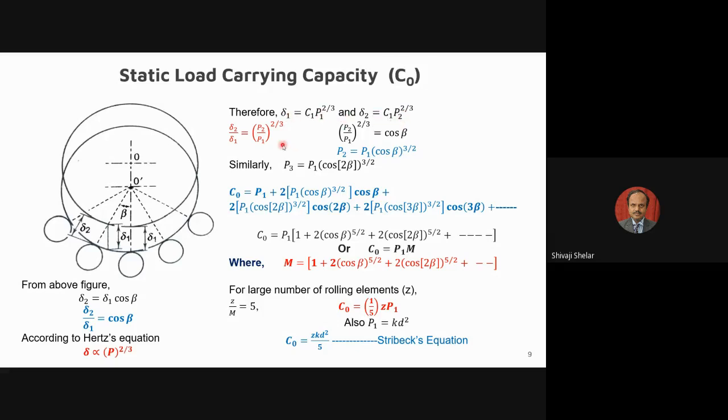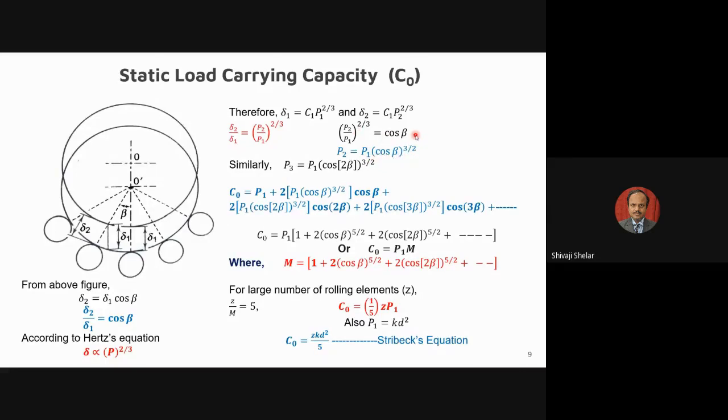So delta 2 by delta 1 is equal to P2 by P1 raised to 2 by 3. Again, by the earlier relation, delta 2 by delta 1 is cos beta. So P2 by P1 raised to 2 by 3 is equal to cos beta. From this you can identify the P2 value in terms of P1. So P2 is equal to P1 into cos beta raised to 3 by 2.